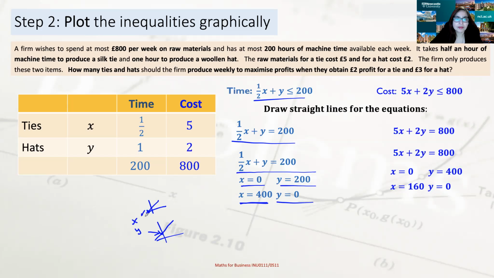So if you find these 2 points, you can draw a straight line. Just 2 points is enough to draw a straight line. But the problem comes when the straight line is too close to the origin. Then it is better to have a third point.